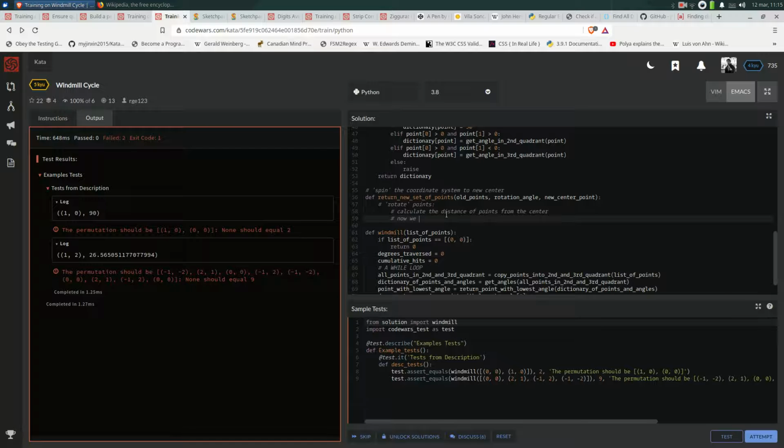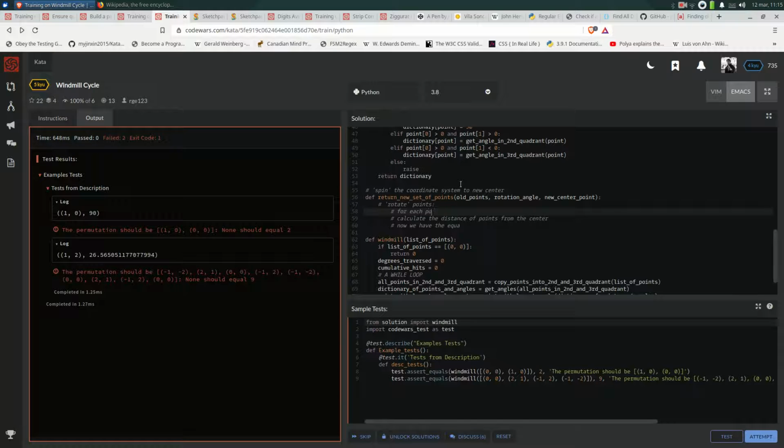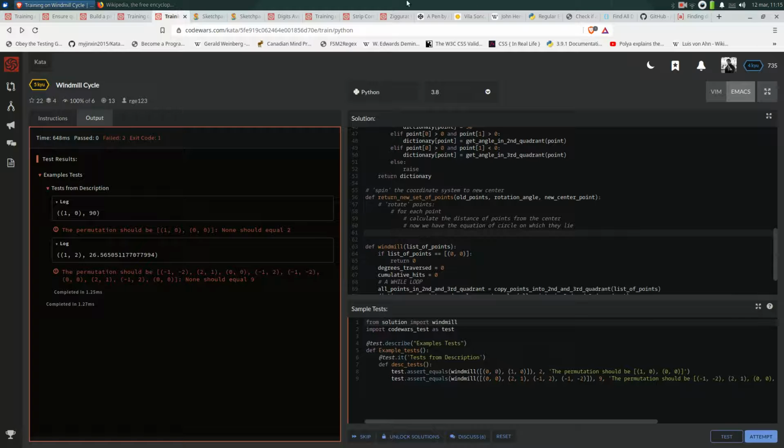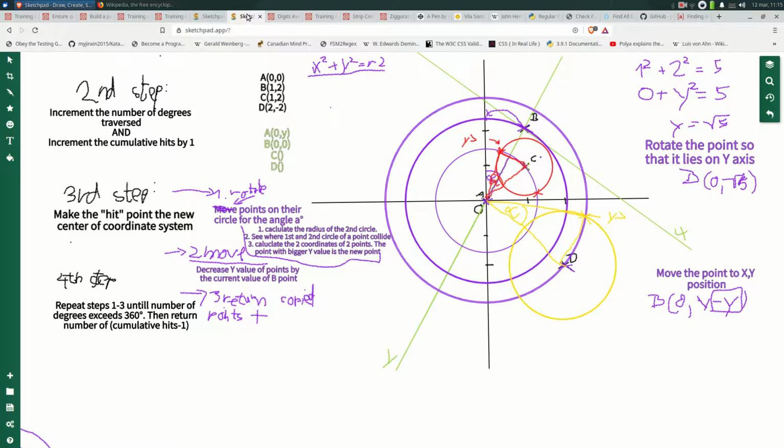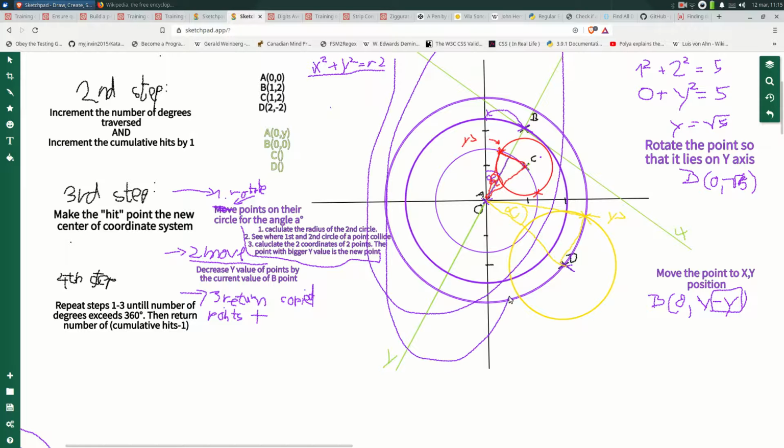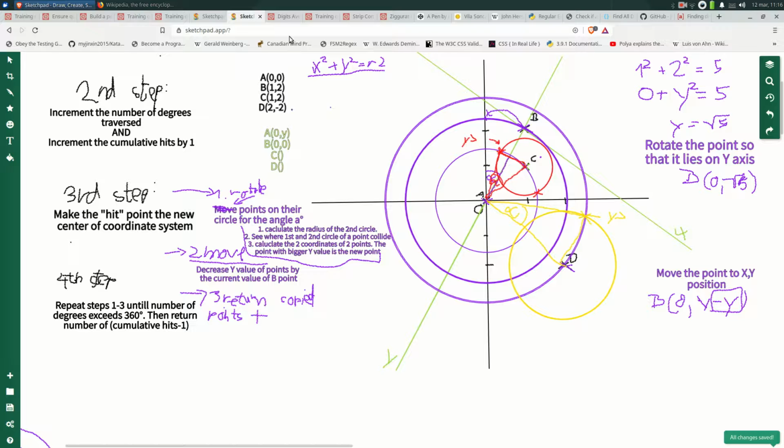So now we have the equation of circle on which they lie. Alright, so then we say C.